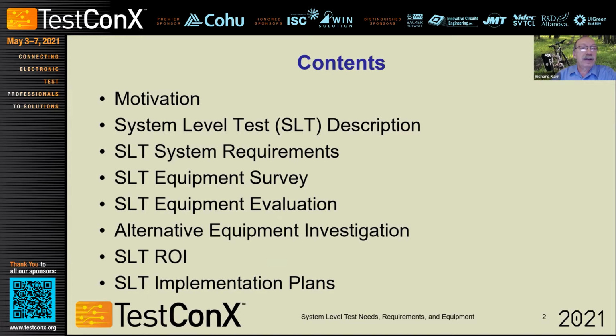Then I'll get into evaluation of actual SLT equipment at TI and what the return on investment effects look like. And finally, I'll go over what the current SLT implementation plans are at TI.